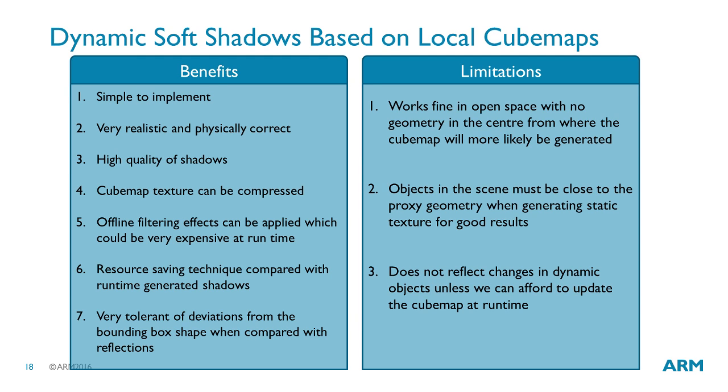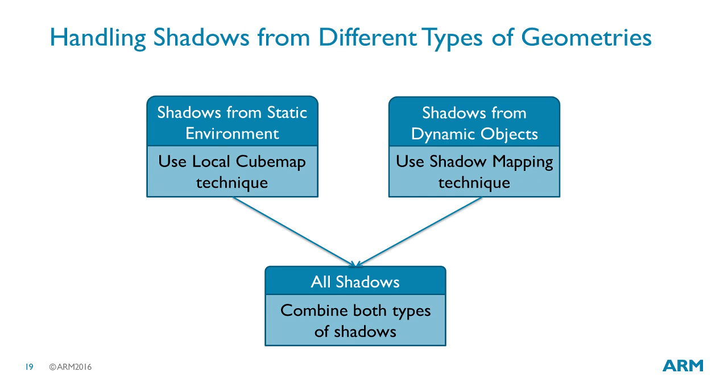In that case, we have a solution. You use this technique to render the shadow from static geometry, and you use another, more common shadow rendering technique like shadow mapping to render shadow from dynamic geometry, and you combine both types of shadows in your shader. This is what we do in our project.